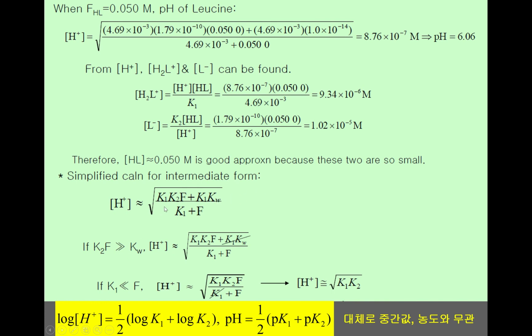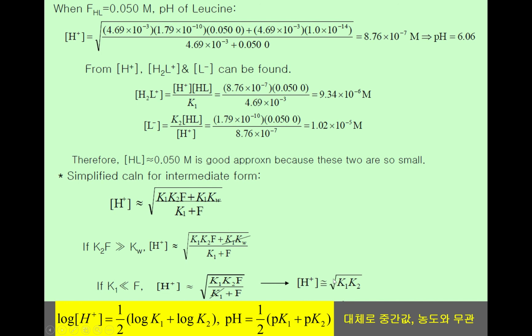If K2 multiplied by F is much greater than Kw, then we can ignore this term. Also, in many cases F is much greater than K1, so in the denominator we can ignore K1. Then the proton concentration is simply the square root of K1 and K2. This is the second approximation.